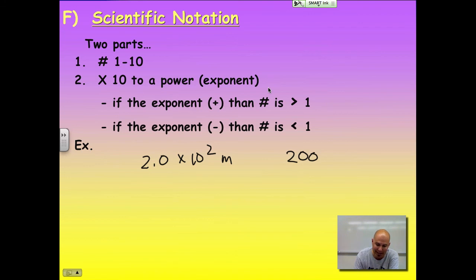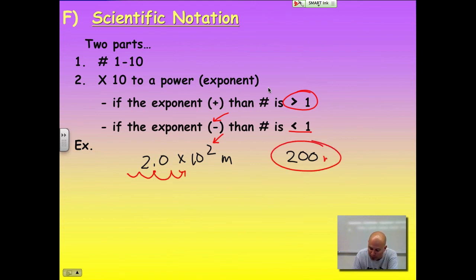Why? Well, again, I'm looking at my positive exponent, so I think to myself, I'm moving it 2 places. If I move it 1, 2 this way, I'm going to have a number less than 1, which makes no sense because my exponent is not negative. I need it greater than 1, so 1, 2, and there's my 200 meters.